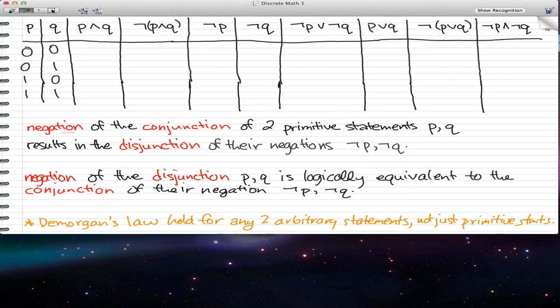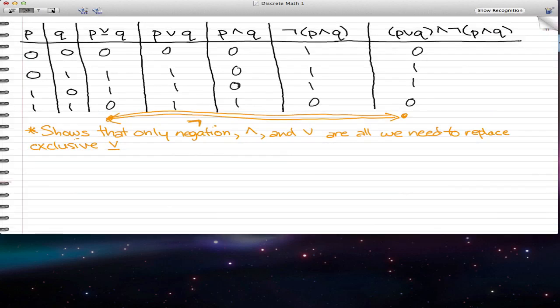So moving on, we're going to go through what we call DeMorgan's Law. DeMorgan's Law is pretty simple. It is similar to expanding.